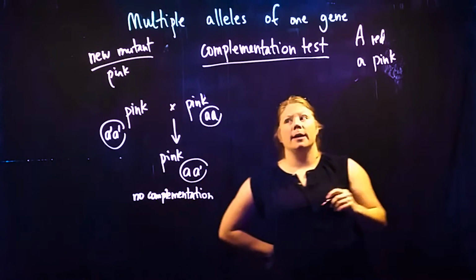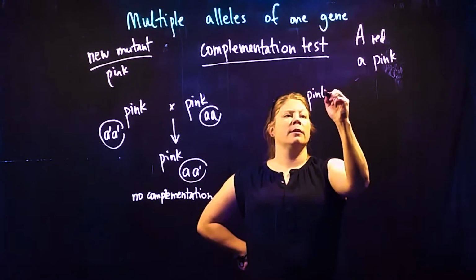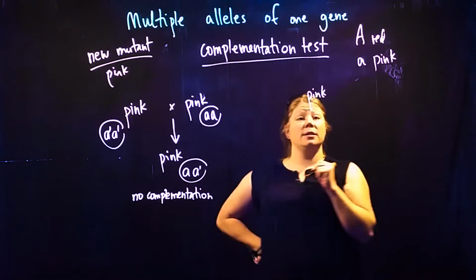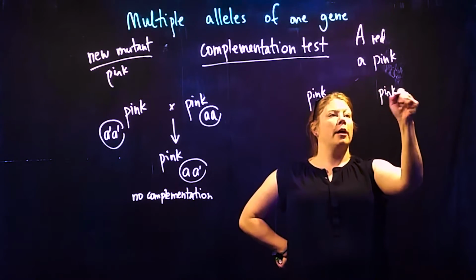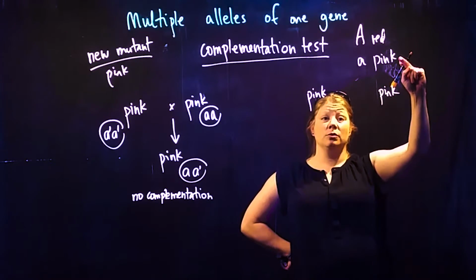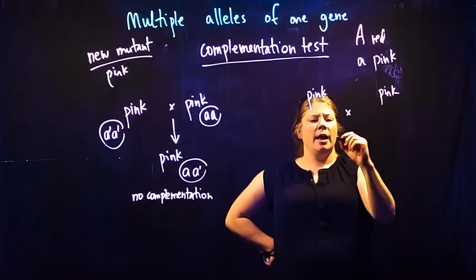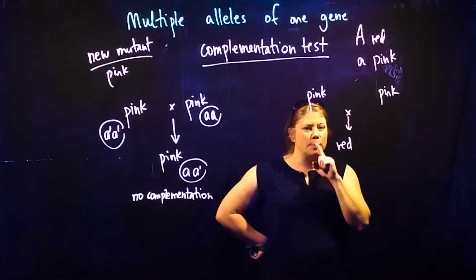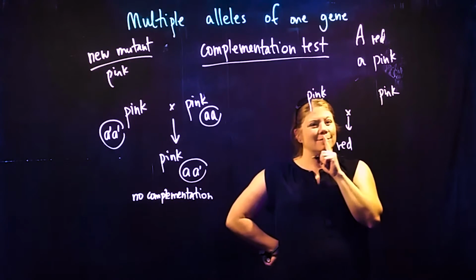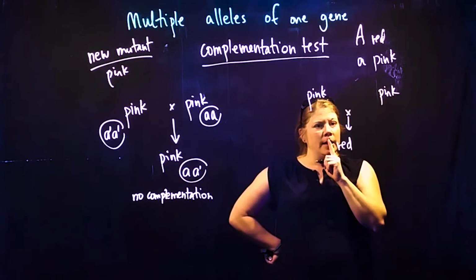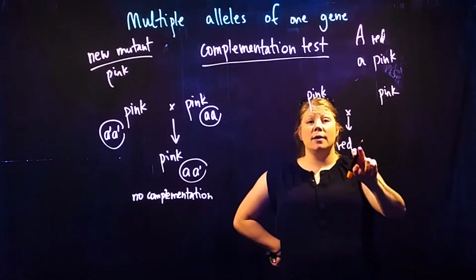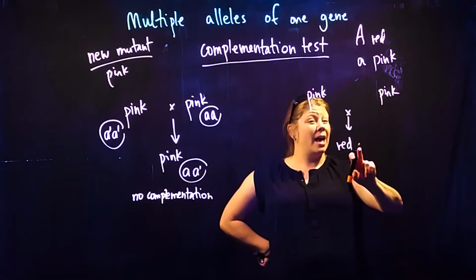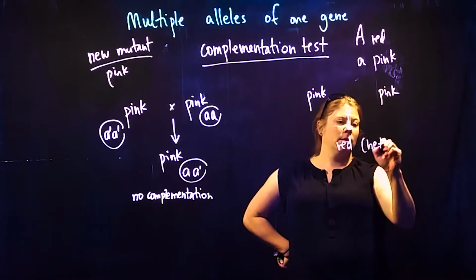Now, on the other hand, if we cross together our new mutant that's pink and our old little a mutant that's pink, and we got red offspring, that would be pretty surprising. Now we know that this red offspring has to be heterozygous, okay?